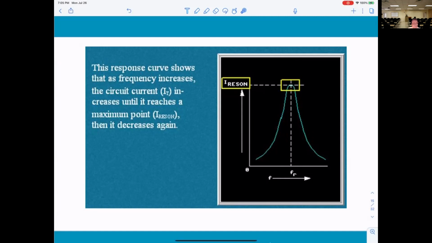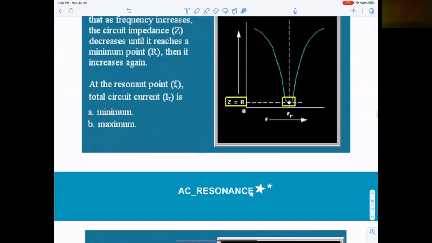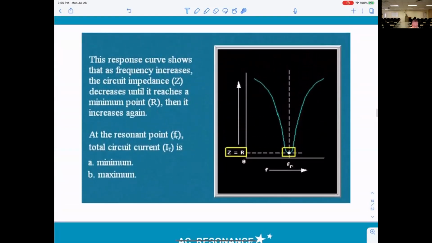Mr. Pham, can you go back to that other one right before this one? Can you explain that curve just one more time? Okay, this curve stands for total impedance. So total impedance at the resonant frequency here, they cancel out.